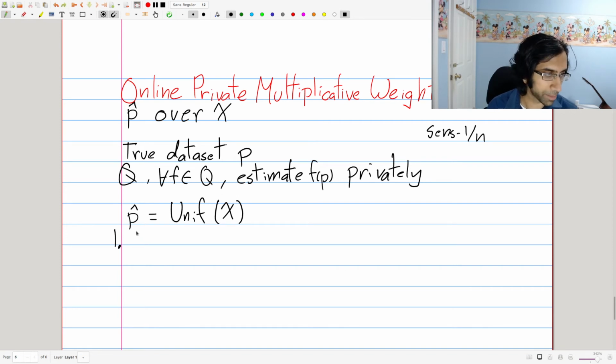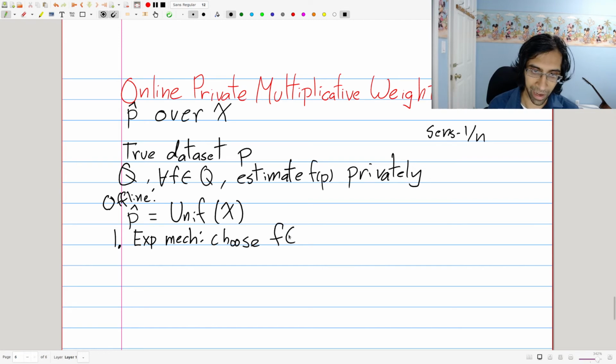Let me recall that this is offline first of all, and we'll see how to go online afterwards. In the offline setting, this is what we do iteratively for t steps. We first choose a query f in Q which has large error.